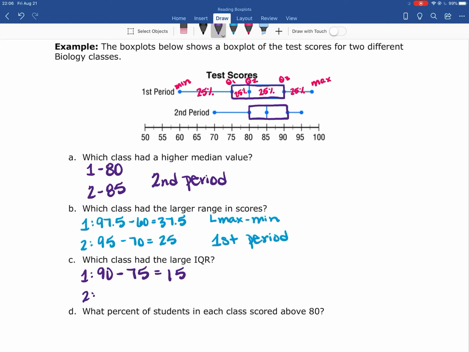And then second period, their Q3 value is a little bit more than 90. So maybe 91. It's okay to kind of approximate these when it doesn't fall exactly on that spot. And then their Q1 appears to be 80. So that's a range of 11. So again, the first period class had the larger IQR.